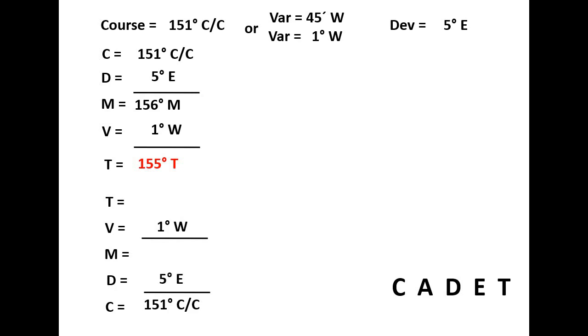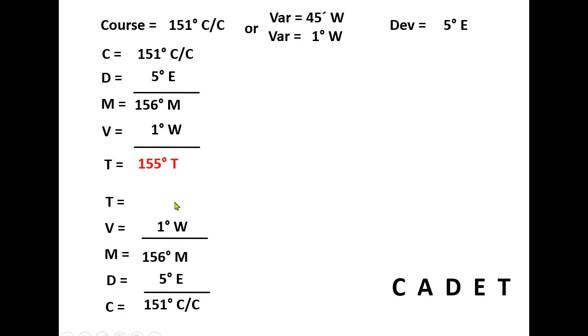We have already punched in our known numbers. The unknowns are the magnetic and the true. We can solve this one because there are two givens. So 151 and 5, going up because this is the unknown. From compass to true, add east. So 151 and 5, of course 156.